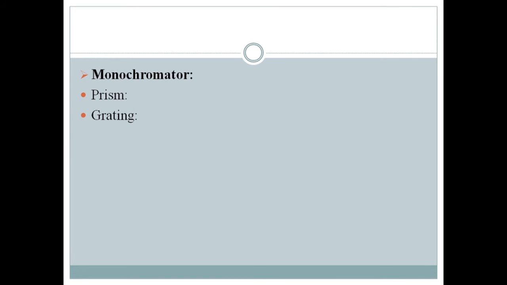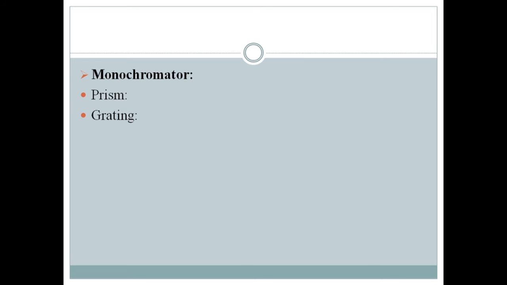Next is the monochromator. In this monochromator there is a prism and a grating. The prism is made of quartz material, as quartz is transparent over the entire region.